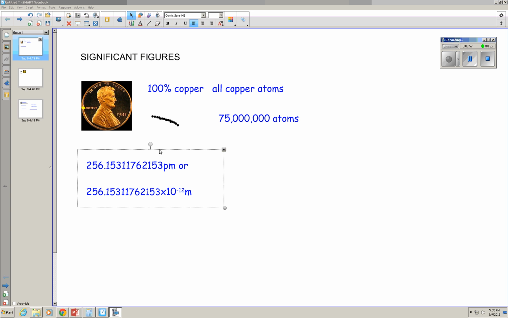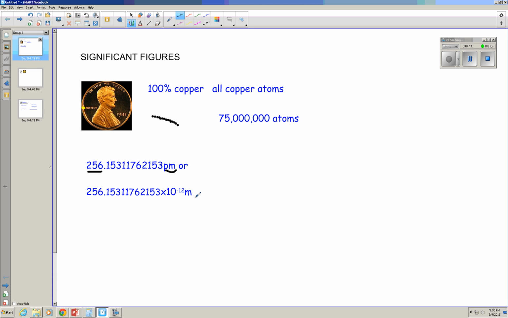By the way, the best that we know the diameter of copper is 256 picometers. A picometer is basically 1 times 10 to the minus 12 meters. But let's say I knew the diameter exactly, and I just made these numbers up. If you can buy that, we can go on to the next topic.